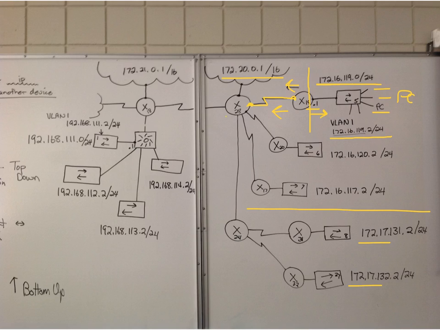So there's a route inside this router saying if I have a 172.17, send it to that router. It also has a route saying if it has a 192.168, like all of these over here, send it that way. The same thing with this router: if it sees a 172.16, send it that way, or 172.17, send it that way.